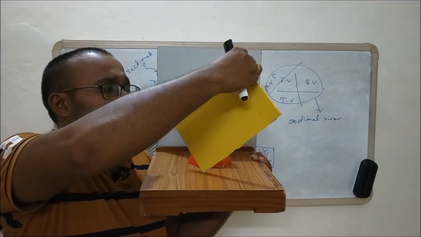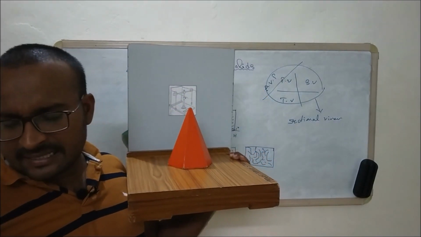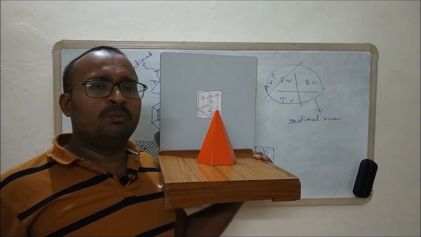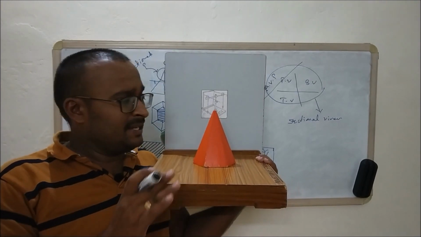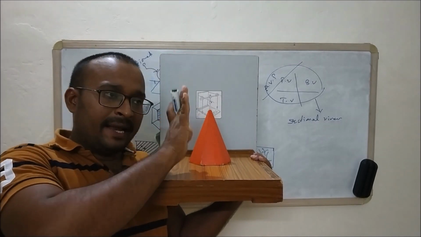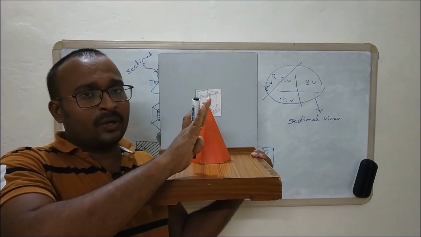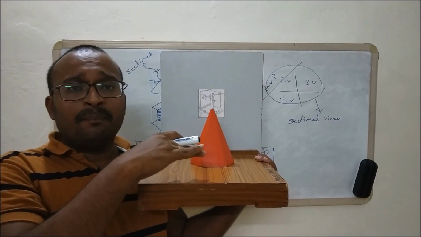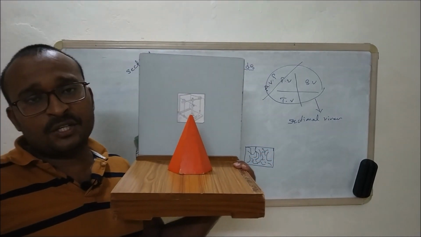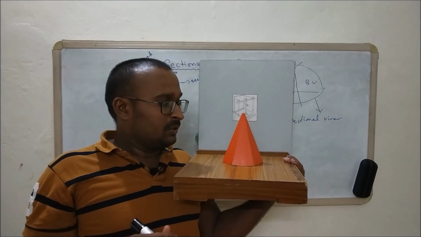And then inclined to both the planes. In most cases, a plane inclined to both the planes may not be asked. The thing is a plane inclined to one plane and perpendicular to another, and a plane parallel to one plane and perpendicular to another. These two conditions must be known, right?